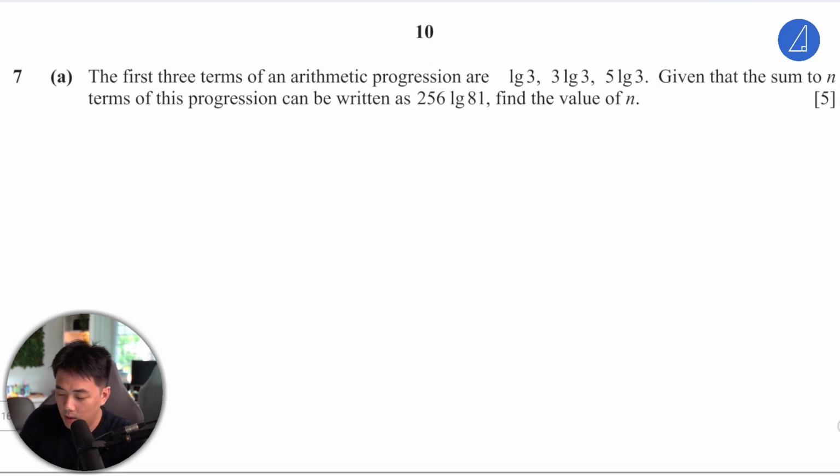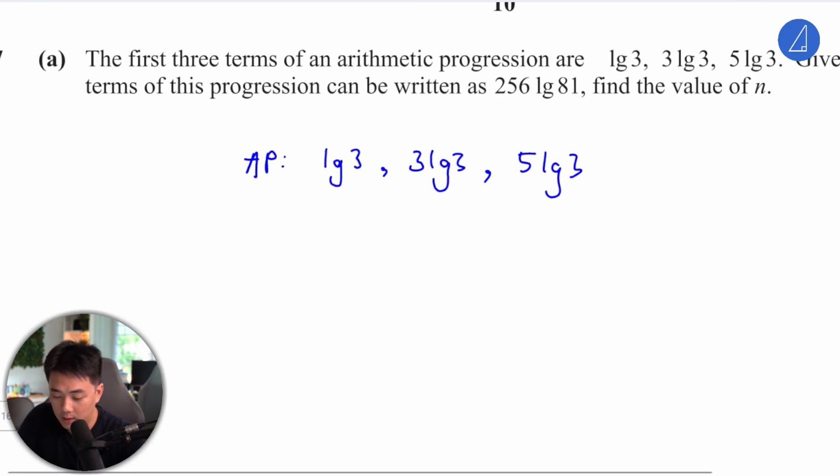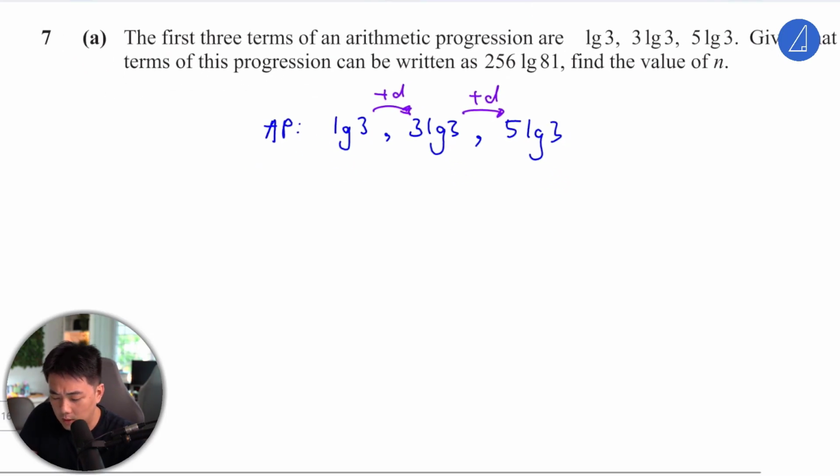Essentially, if you're given an AP, log 3, 3 log 3, and 5 log 3, we're going to add a common difference d here. To find the d, we just take two consecutive terms, the subsequent term minus the previous term. The first term a is just log 3.